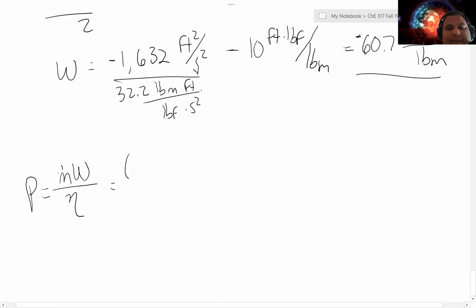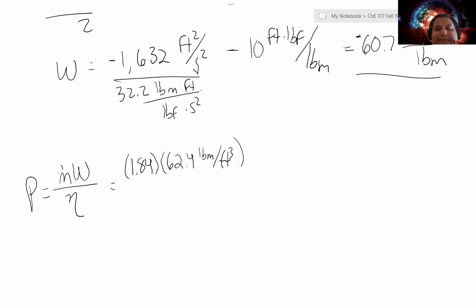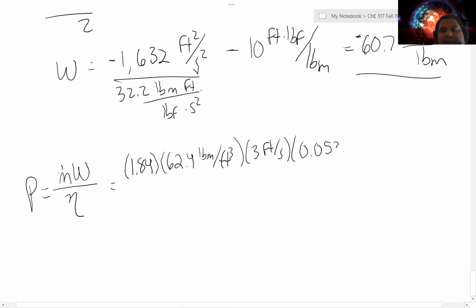So the density would be 1.84 times our standard, which we're going to use water, 62.4 pound mass per cubic foot, times our velocity, which we can use either velocity with either area. I'll just use the 3 feet per second with the larger area, 0.0513 feet squared, which gives us our mass flow rate in terms of pound mass per second.